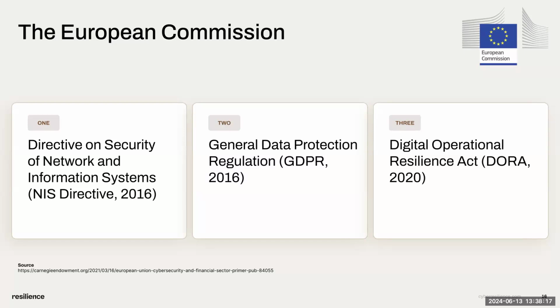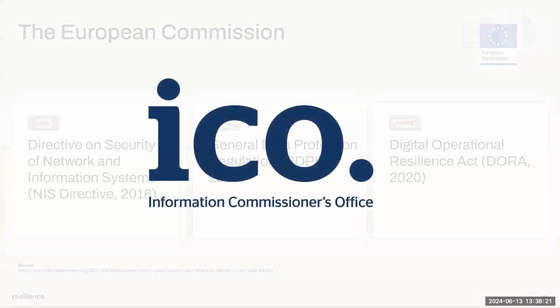And then, in addition to what's going on in Europe, of course, just real briefly, I'll mention that the UK's Information Commissioner's Office, the ICO, has also developed and is enforcing similar rules and regulations designed to protect consumer identity and private information.